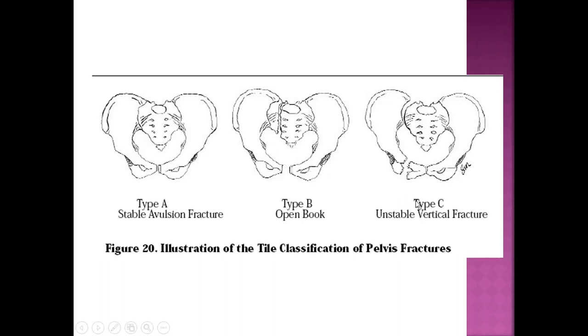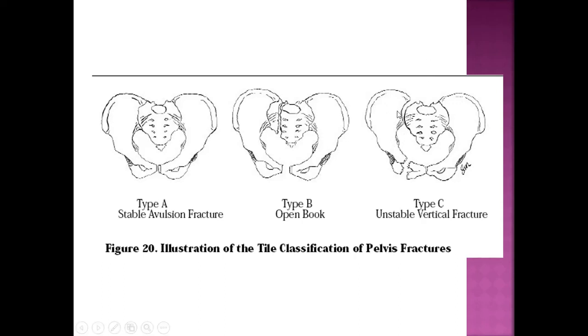Then type C fracture is unstable vertical fracture, in which there is fracture of the inferior pubic rami, superior and inferior, and fracture of the sacroiliac joint or the pelvic bone from here. So in this patient, fracture of one half of the pelvis which is shifted upward.